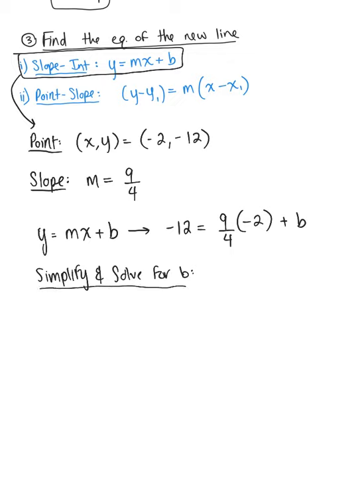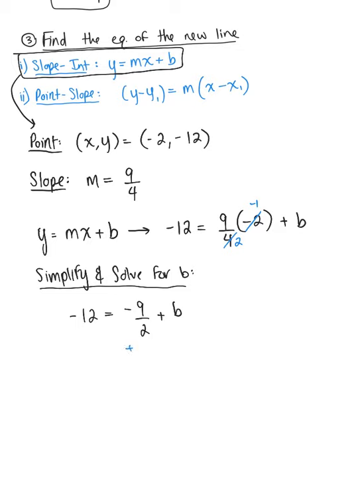So let's see, we can simplify a little bit here before we start solving. We can see that -2 simplifies to -1 and goes into 4 two times, leaving us with -12 = -9/2 + b. And then to solve for b here, we want to isolate b.